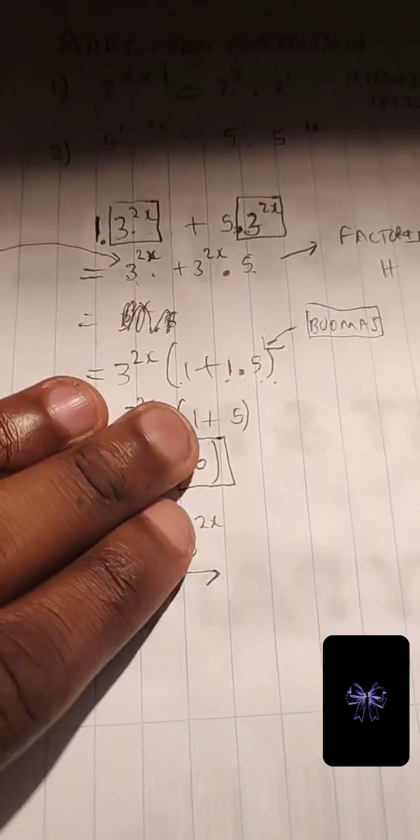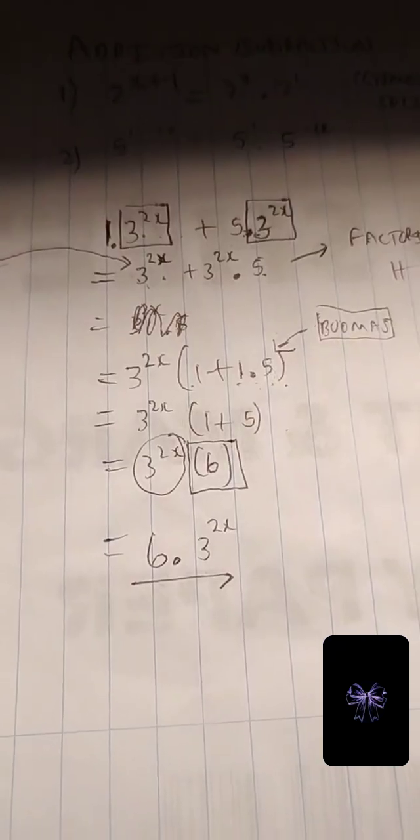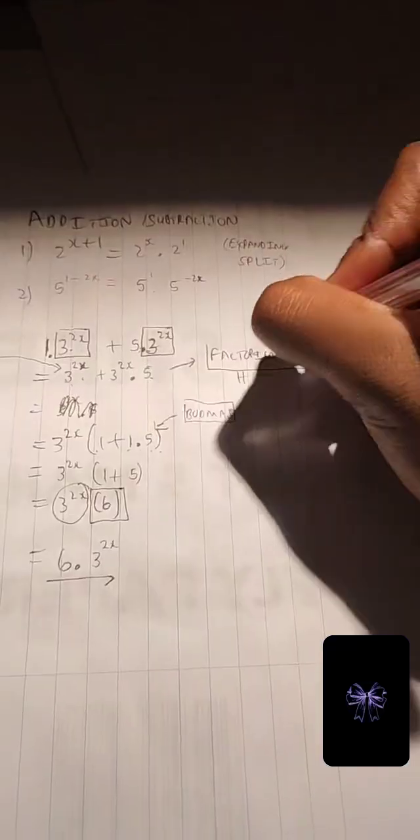Are we good? This is a skill, taking out the common factor and getting what's inside the bracket. We use it a lot when we are dealing with the simplification of exponential expressions where there's addition and subtraction in the mix. Your mindset needs to think about factorization.